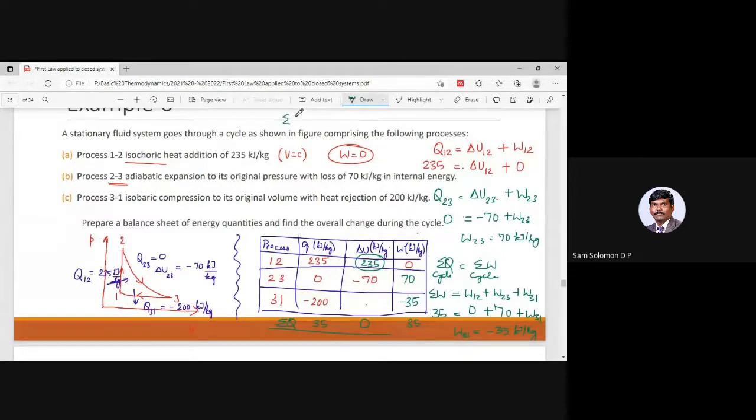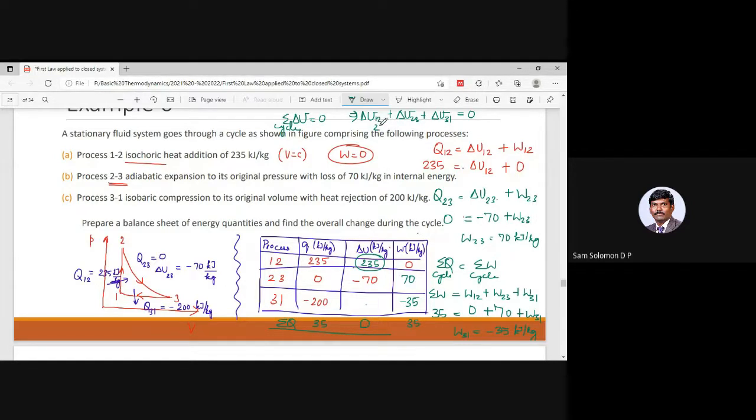So summation of delta U is equal to 0 for a cycle, which means delta U12 plus delta U23 plus delta U31 should be equal to 0. Sorry, all these are small u's. This is kilojoule per kilogram.